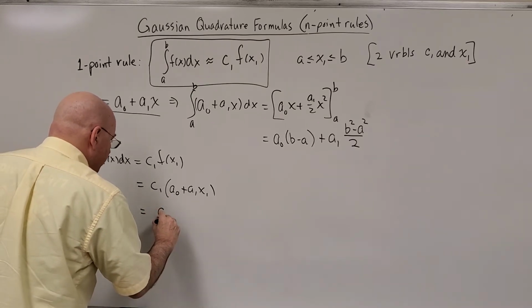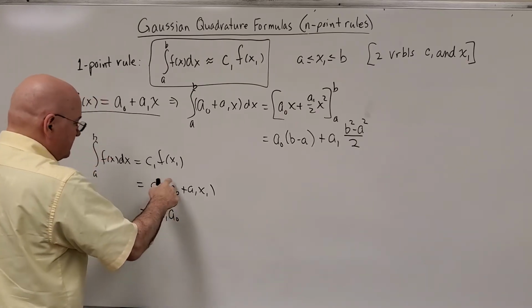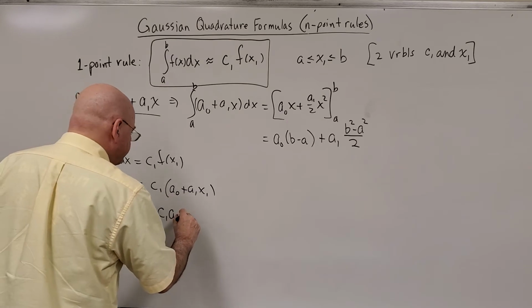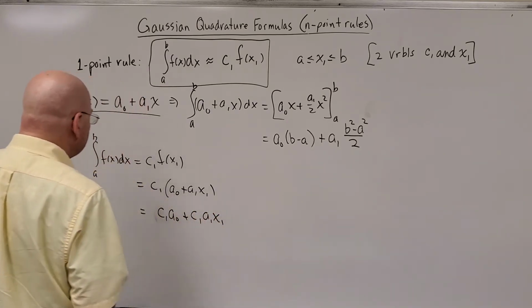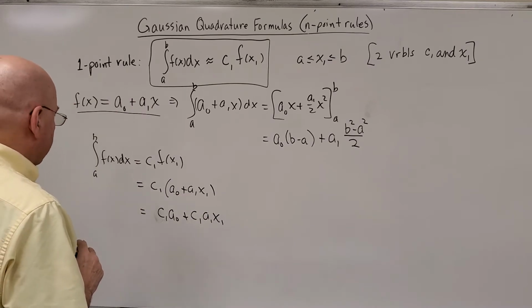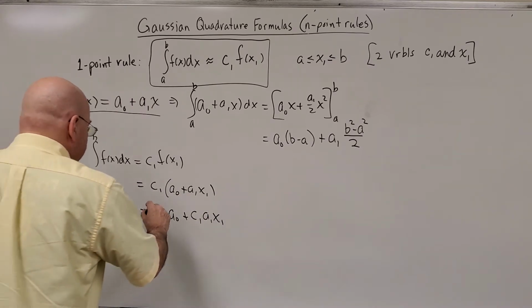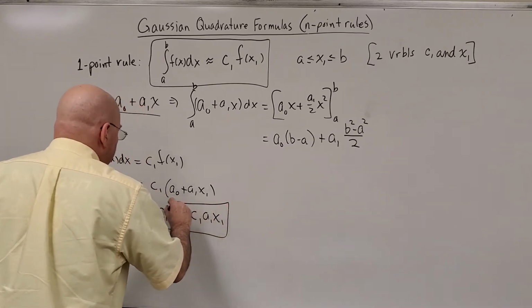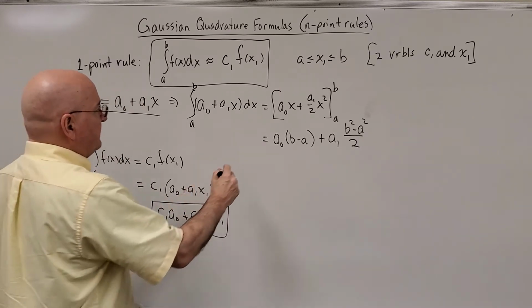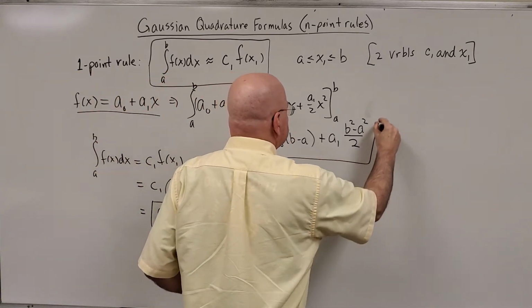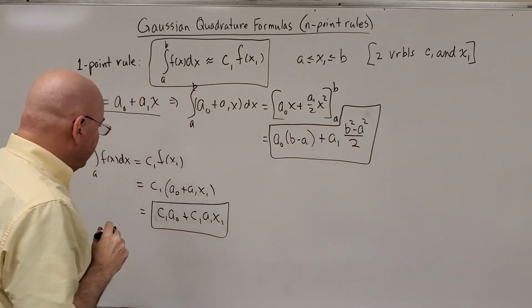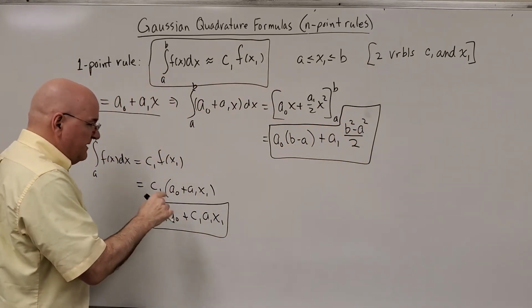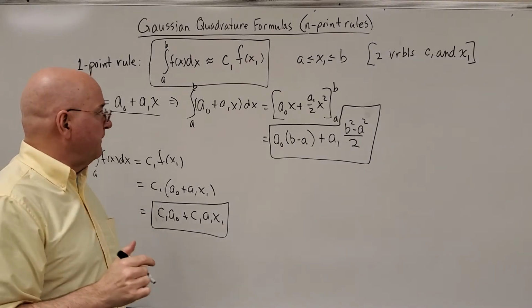I'll write the c1 first, a0, just distributing the c1 through. So what I want to do is set this equal to this, and we'll be able to figure out what c1 and x1 are.